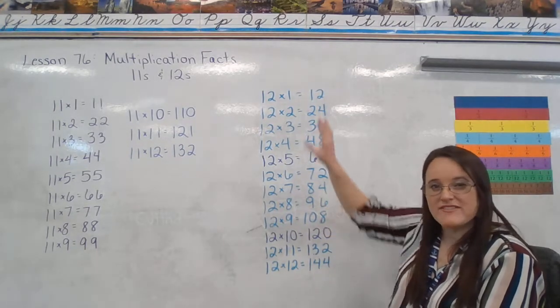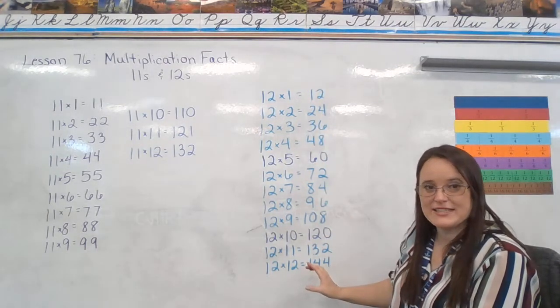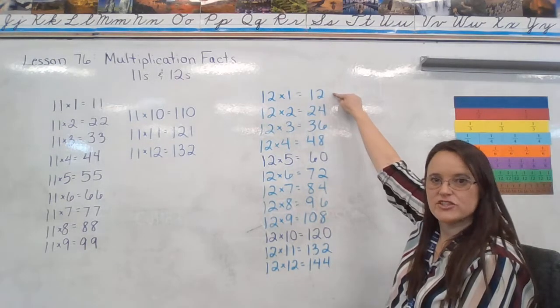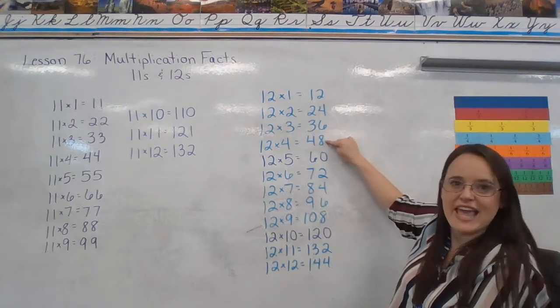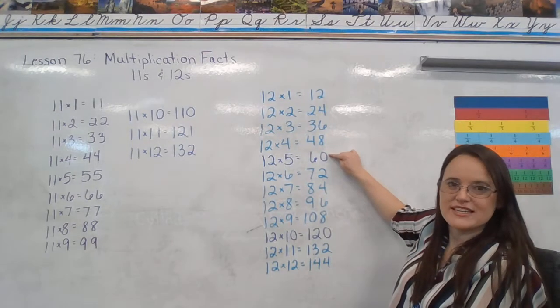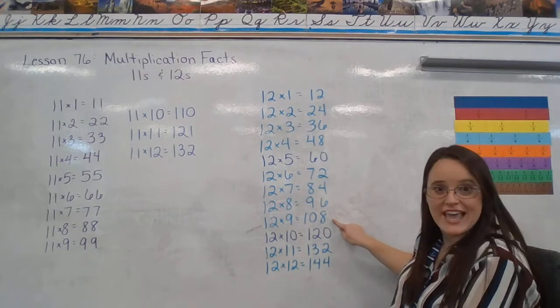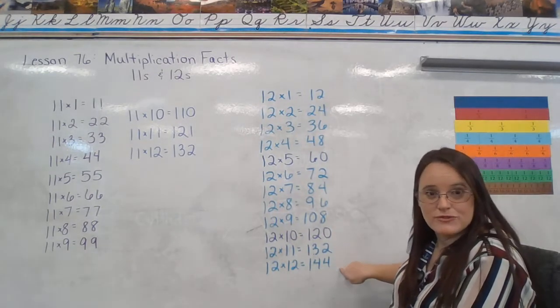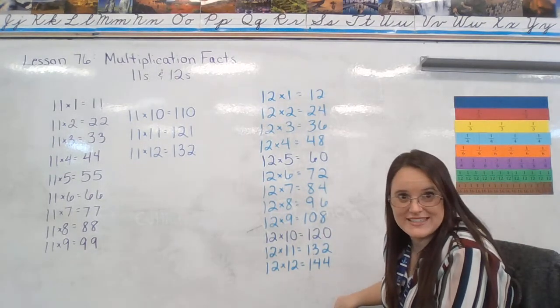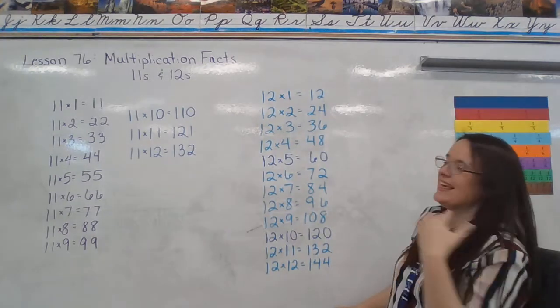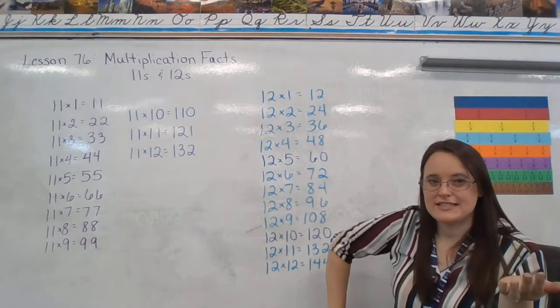So there is a little bit of a pattern looking at the tens place, and then take a look at the ones place. We have 2, 4, 6, 8, then it goes down to 0, but look here, 0, 2, 4, 6, 8, 0, 2, 4, what do you think will come next? 6, 8.